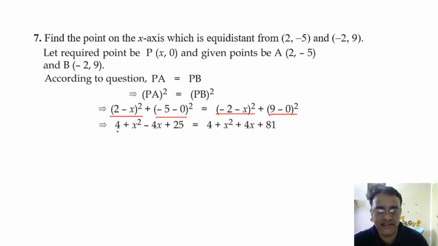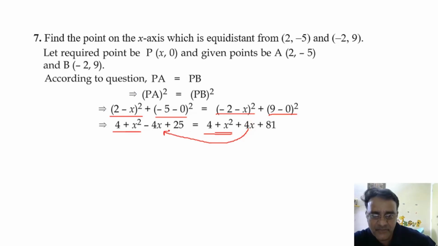Okay, दोनों साइड से हम लोग ये x square एलिमिनेट कर सकते हैं. ठीक है, so 4 plus x square एलिमिनेट कर दिए. If you shift 4x to this side, it will become minus 4x, and if you shift 25 to this side, it will become minus 25.